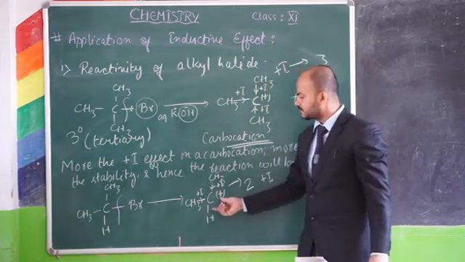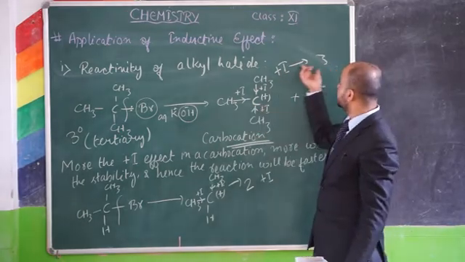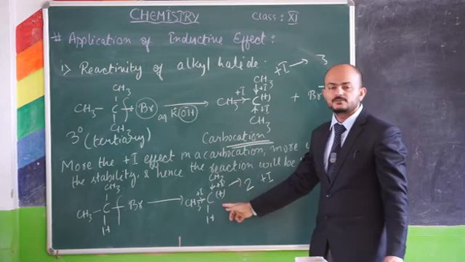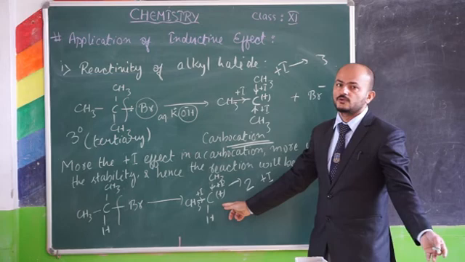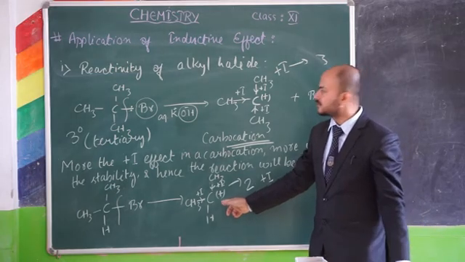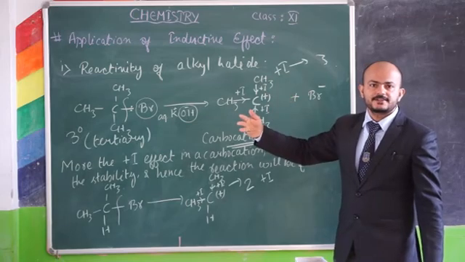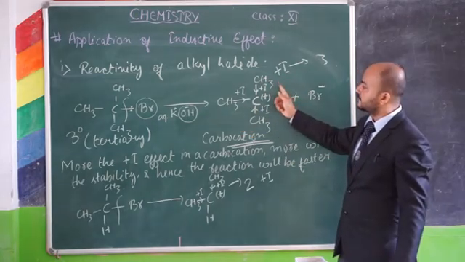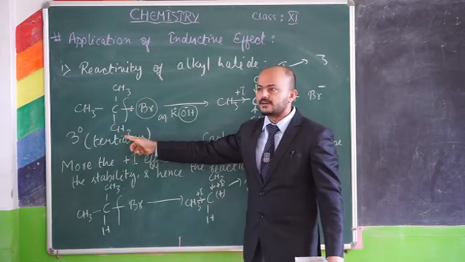And this is also stable, but compared to this, here 3 plus I effects were there, but here you have only 2 plus I effects. Now you know which one will be more stable? Obviously, the one which is having 3 plus I effects will be more stable. Therefore, the reaction rate of this third degree tertiary alkyl halide will be faster.